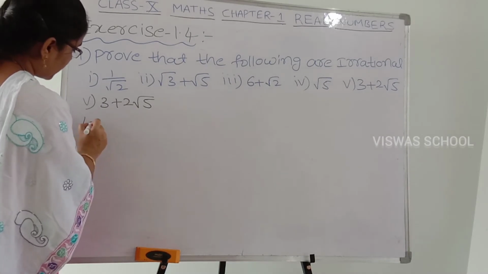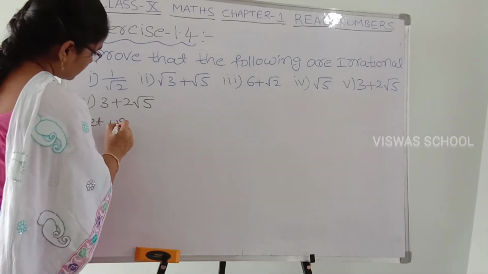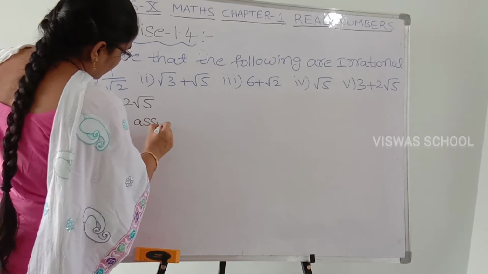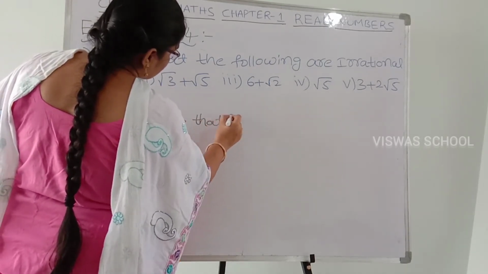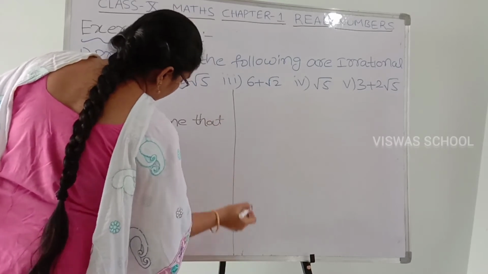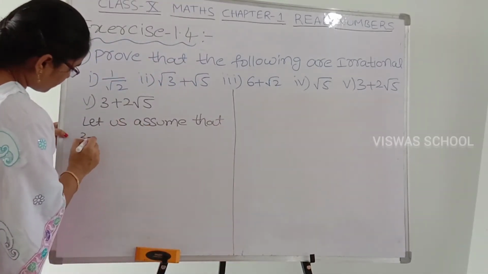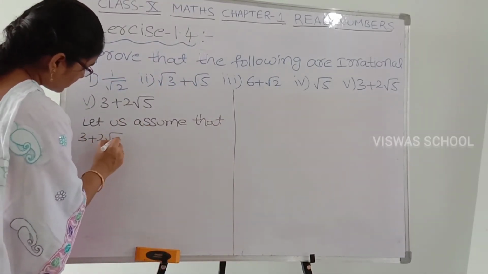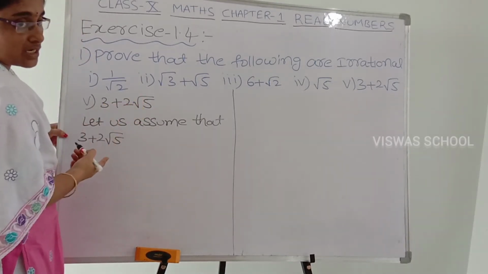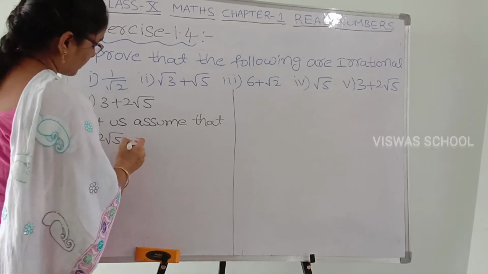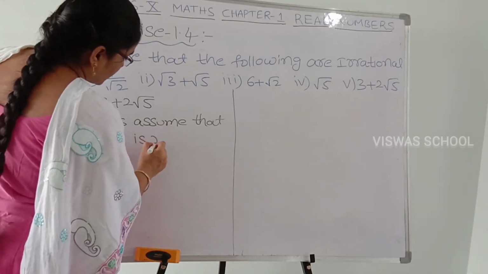To prove this, let us assume that 3 plus 2 root 5 is a rational number, which contradicts 3 plus 2 root 5 being irrational.